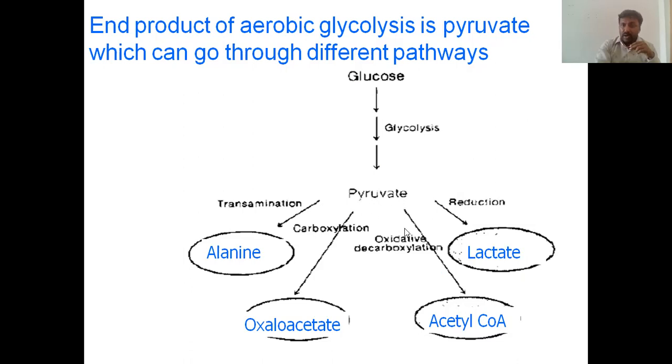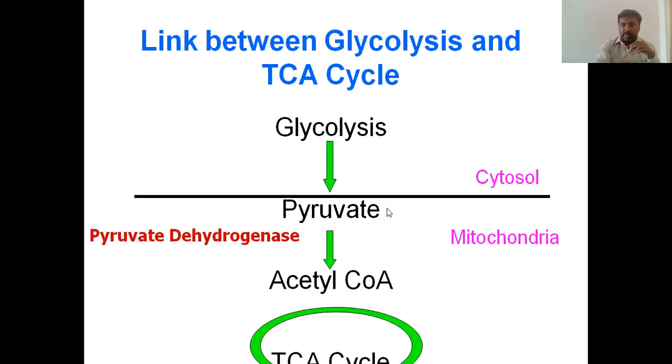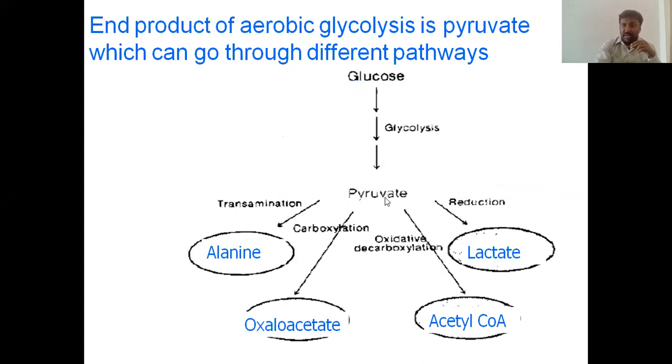Then decarboxylation, the removal of carbon dioxide from the pyruvate, produces acetyl coenzyme A.